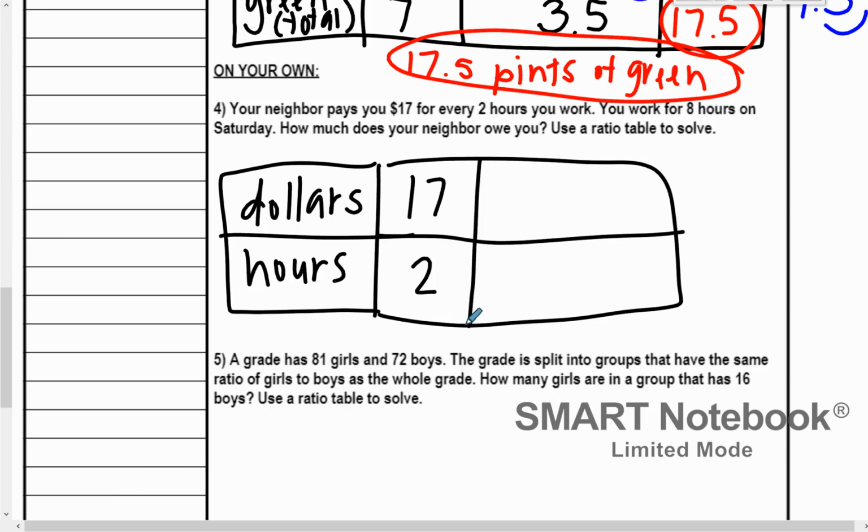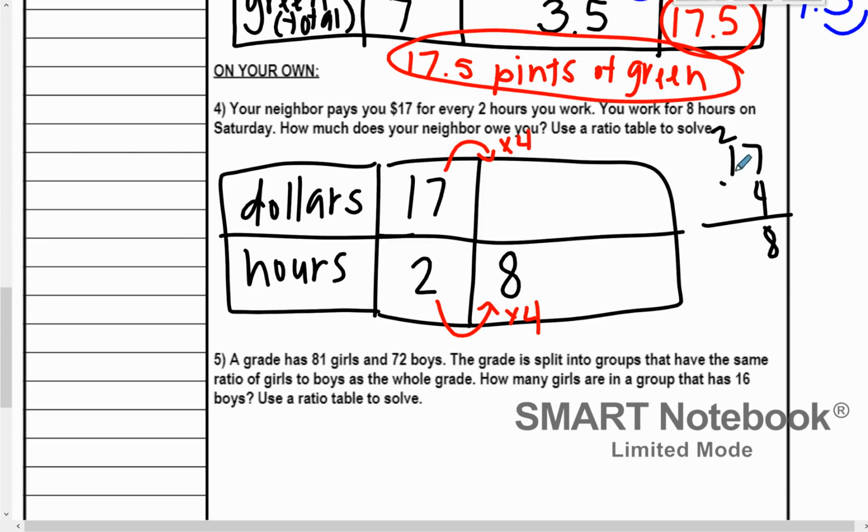They want to know for 8 hours, and here's one that we could go straight there if we wanted to, or we could go to 4 and then to 8. It's really up to you guys. So we're going to do 2 times 4 to get 8, so we're going to do 17 times 4 to get our answer right there. So we'll take 17 times 4. 4 times 7 is 28.